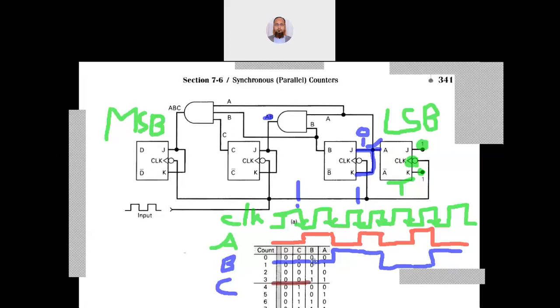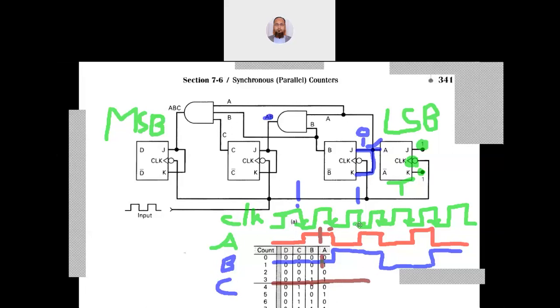At this point in this line, you can see A is changing to 1, no change in C. Now here A is 1, B is 0, and the clock will appear at this point. A is 1, B is 0, so A into B will be 0. Since it is 0 and the clock comes, the state of C will remain same. There will be no change in the state of C.